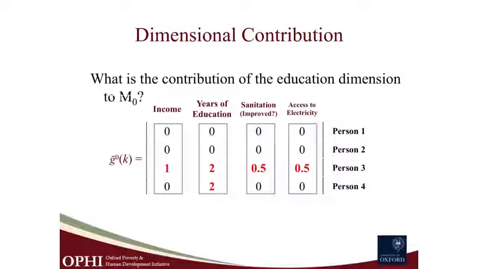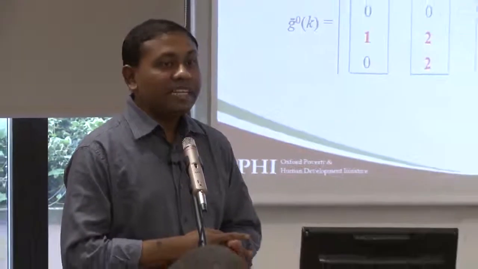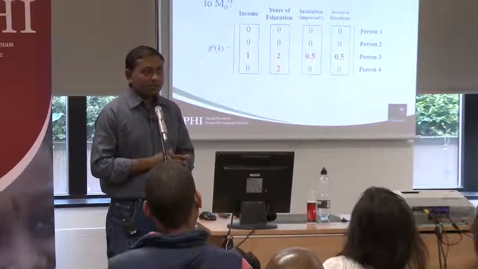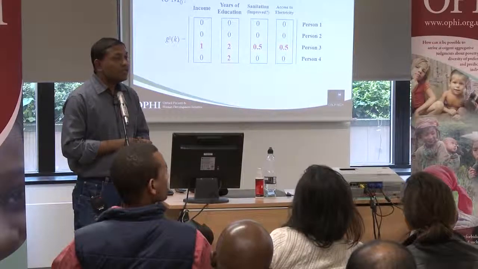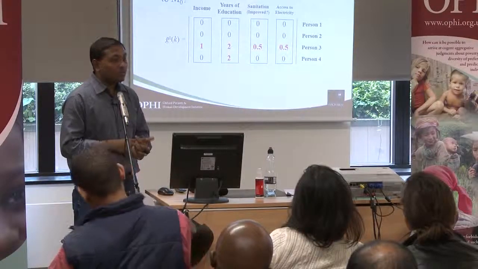So what is the contribution of the education dimension to overall M0? A small example, let's compute by our head. What is the weight attached to the education dimension, or the relative weight attached to the education dimension? 2/4, so half.